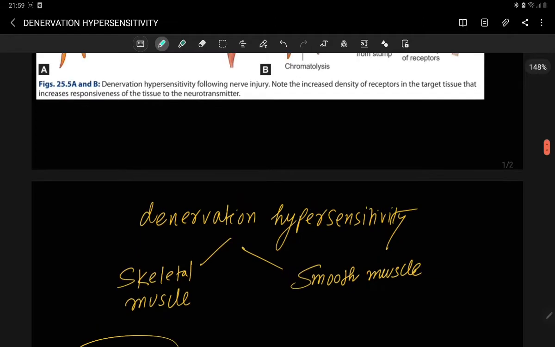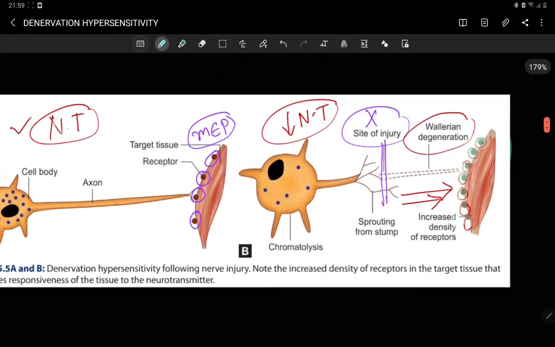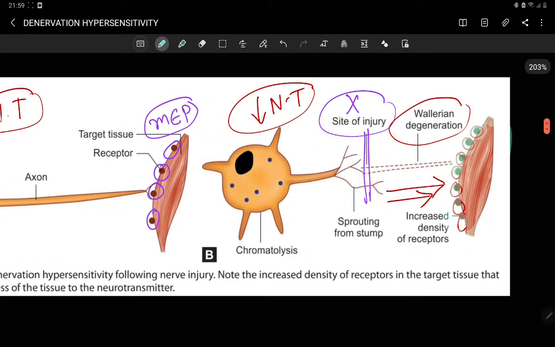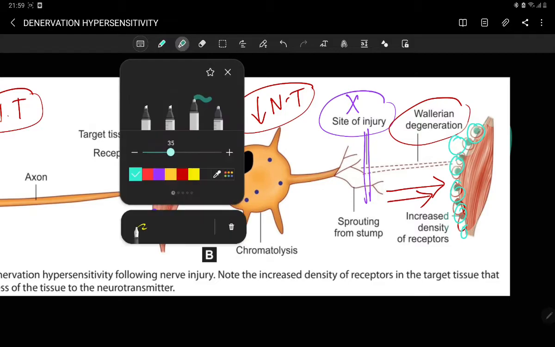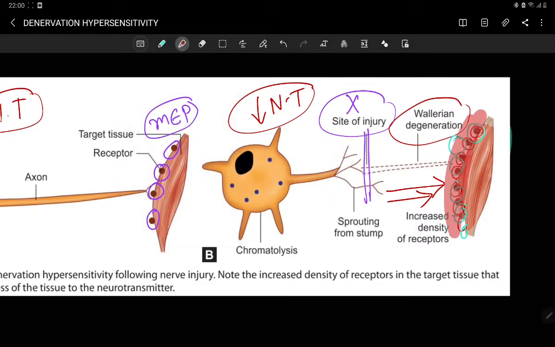So you can appreciate that the number of receptors increases here, and not only the number increases, the sensitivity of all those receptors towards the neurotransmitter is also increased.